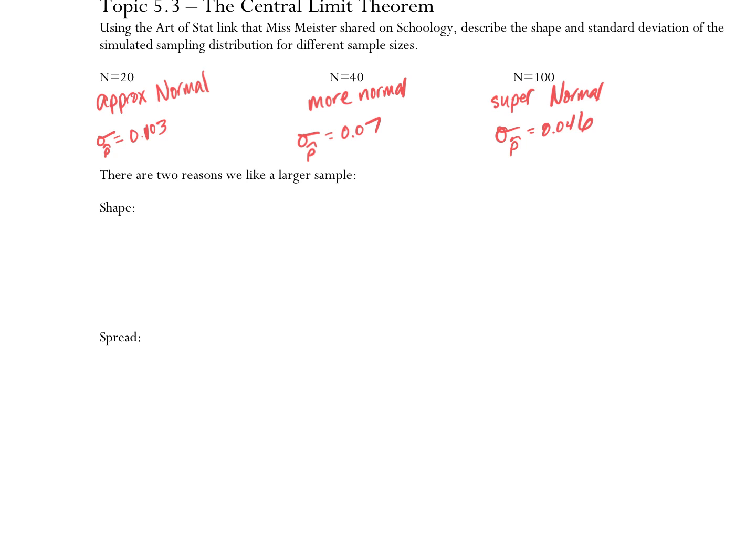So what happens is as n increases, as our sample size for each sample that we draw increases, the statistic, whether it be a p hat or an x bar, becomes less spread out. Because remember, that statistic is the variable, it's what changes.